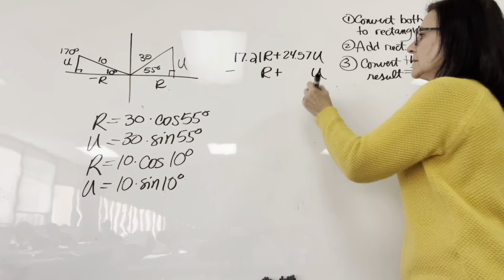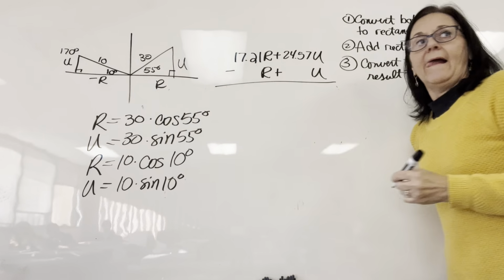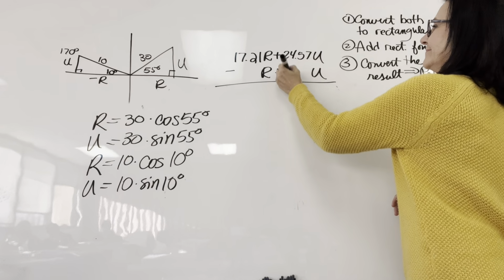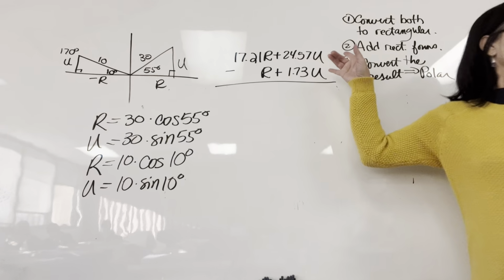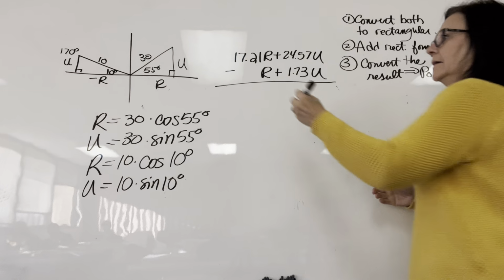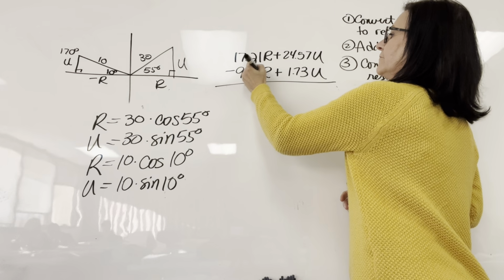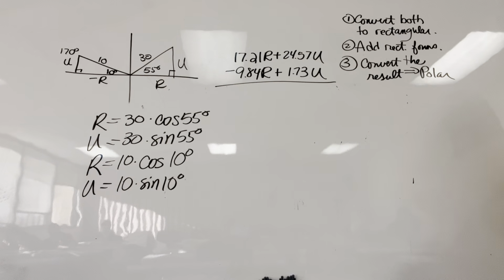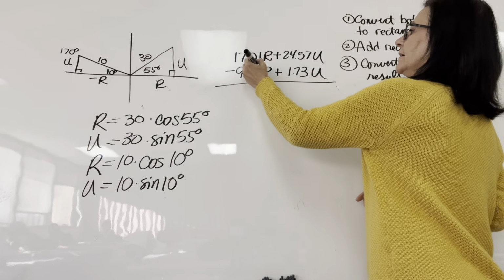U is going to be positive. I have U. What's U? 1.73. Add my U's for me. 9.84. Add the R's, remembering that 9.84 is negative.